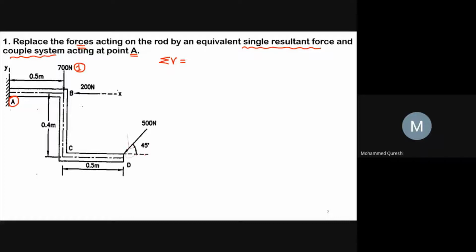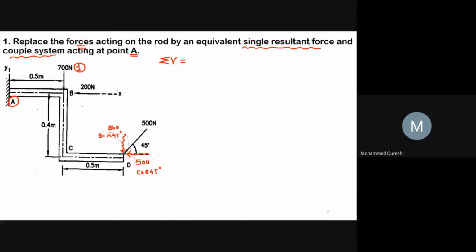So first of all, let us plot both the components. So this will be your 500 cos 45, and this will be your 500 sin 45 degree.